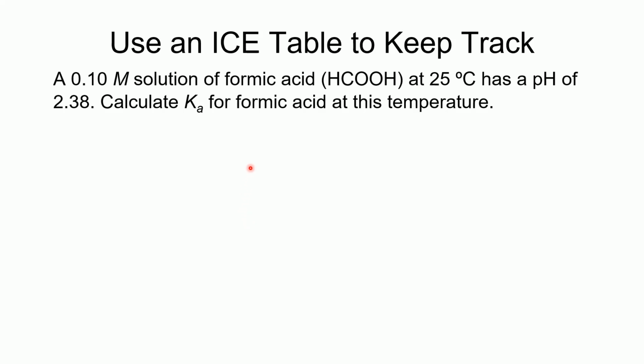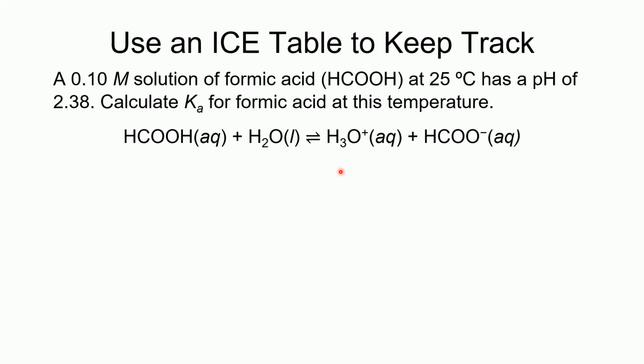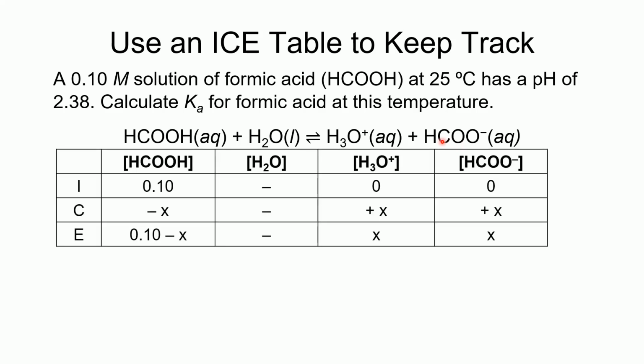So we use an ICE table, a concentration table, to keep track. Here is our chemical equation again. Our initial concentration of the formic acid is 0.10. Water we're going to be able to ignore. And the initial concentrations of hydronium ion and the formate ion are going to be 0.